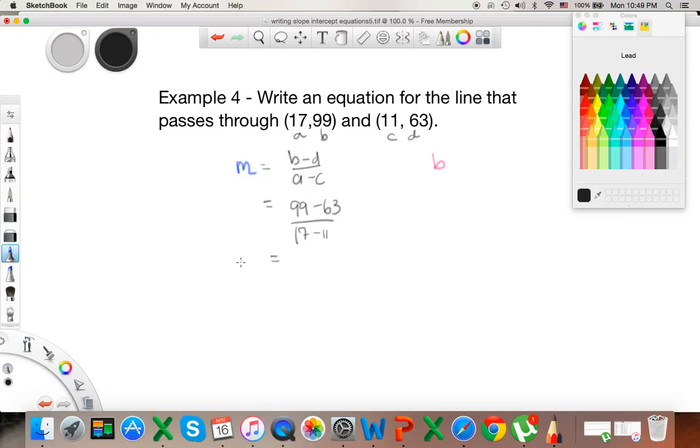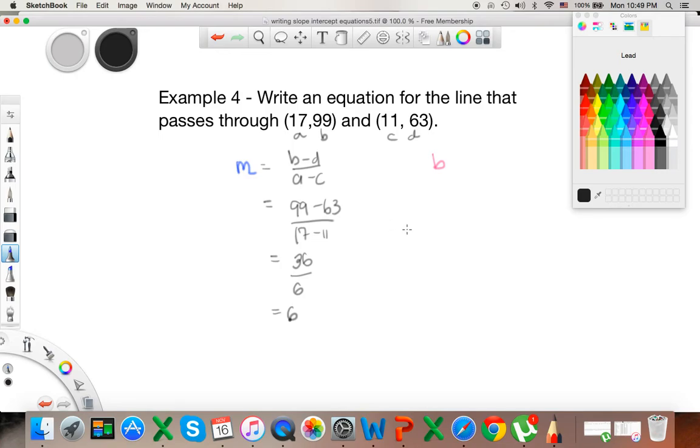All right, 99 minus 63 is going to give us 36, 36 over 6, which equals 6. So our slope is 6.